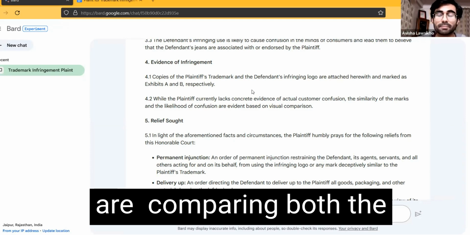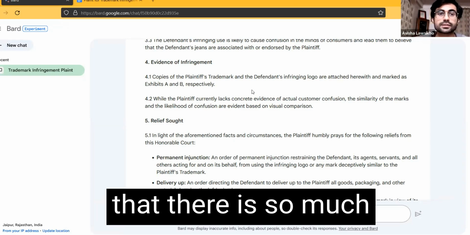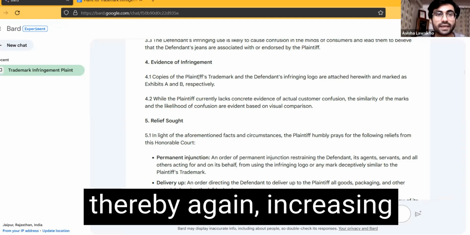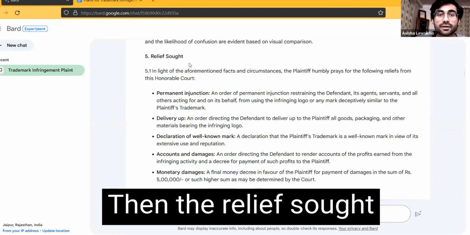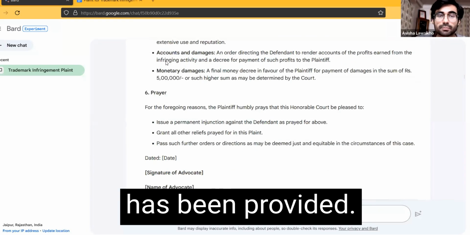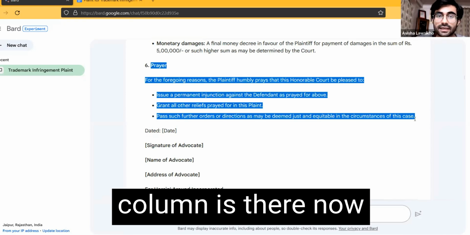The fact that you are comparing both the trademarks with each other, you are essentially alluding to the fact that there is so much similarity between both of these marks, thereby again increasing the scope of likelihood of confusion, right? Then the relief sought, all of this information has been provided, and then a prayer column is there.